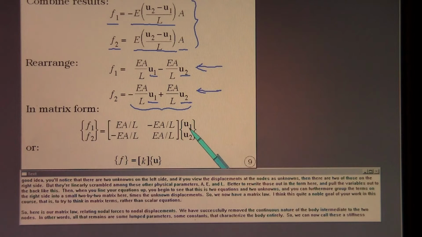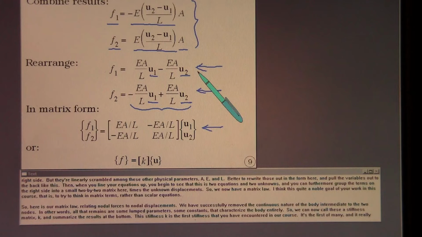And so we now have a matrix law, and I think this is quite a noble goal of your work in this course, to try to think in matrix terms rather than scalar equations.